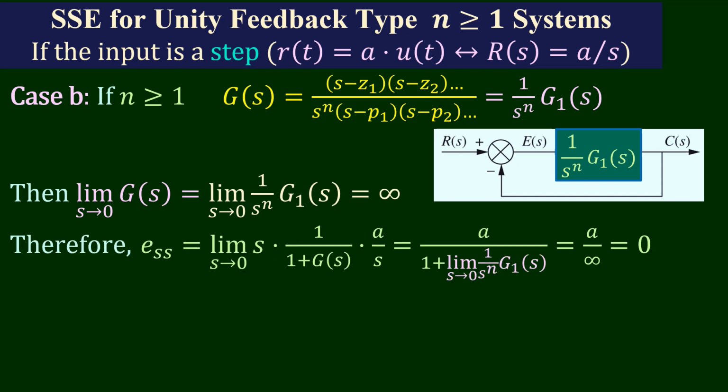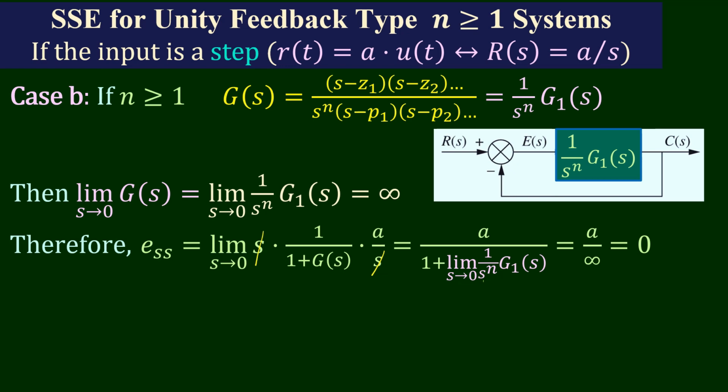Here we write the steady state error relationship as we discussed many times. We can write it like this, and over here we can cancel this s with this s, so the total system can be rewritten like this.